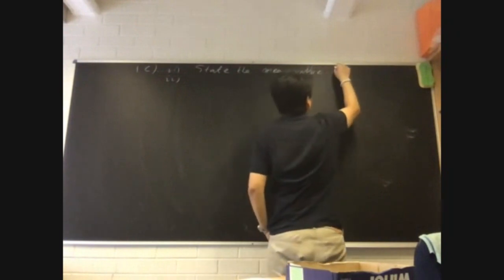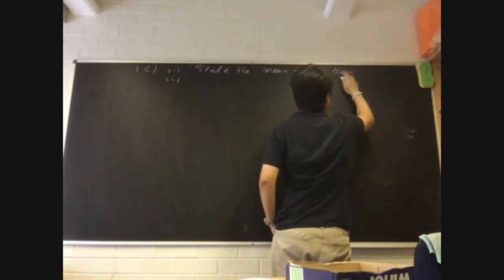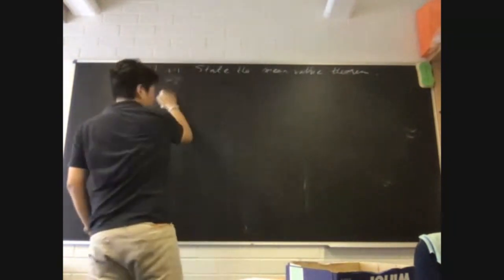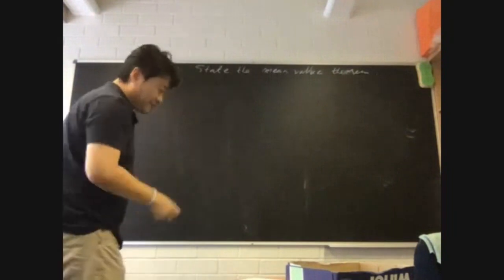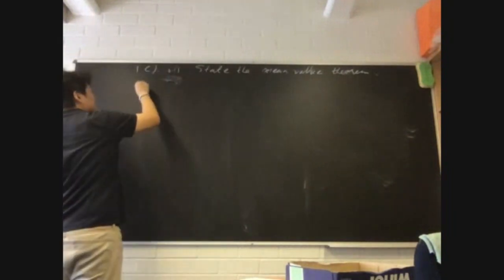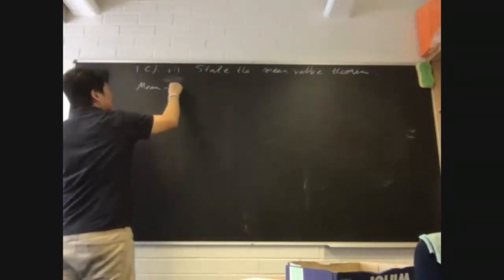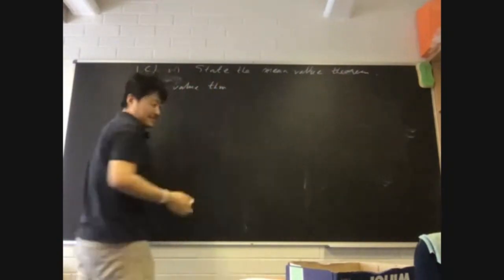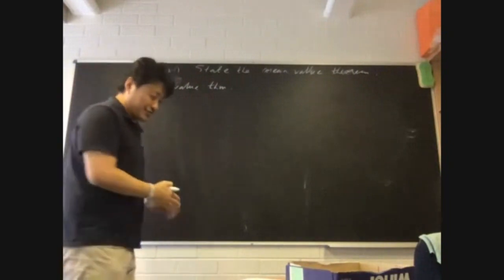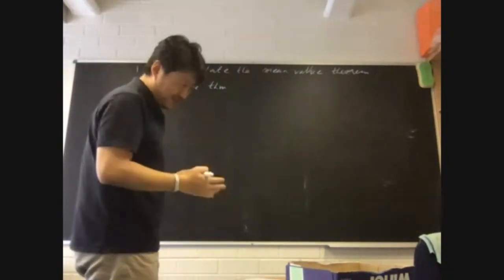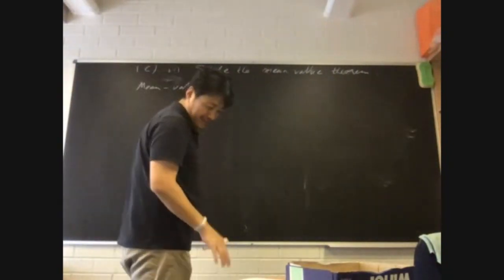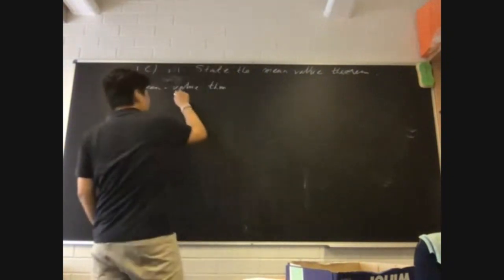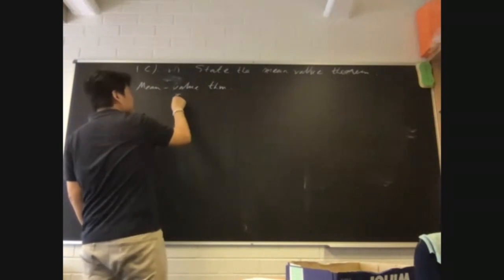And part 2 is some other problem, but let's deal with part 1 first. All right, so let's just write down the mean value theorem. You don't need to state it word for word whatever you read in the notes. It doesn't need to be a complete quote or anything. It's just that you need to write down all the important ideas.